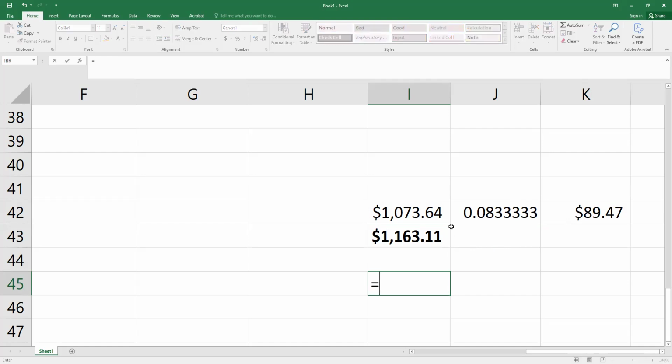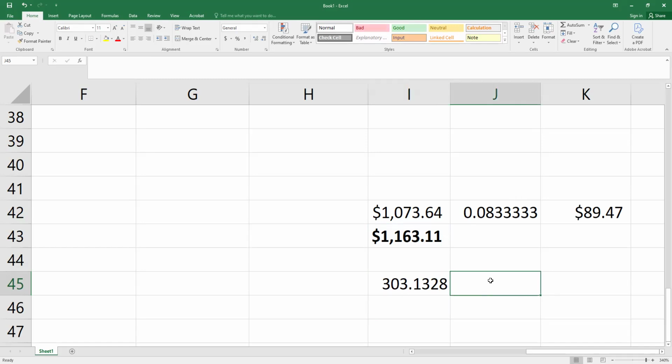So NPER, number of periods: the rate is 5% divided by 12, PMT is this, and present value is 200,000. Okay. 303. And we divide by 12, yeah?